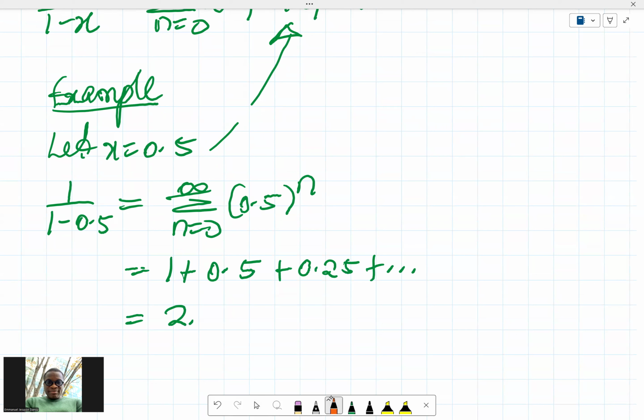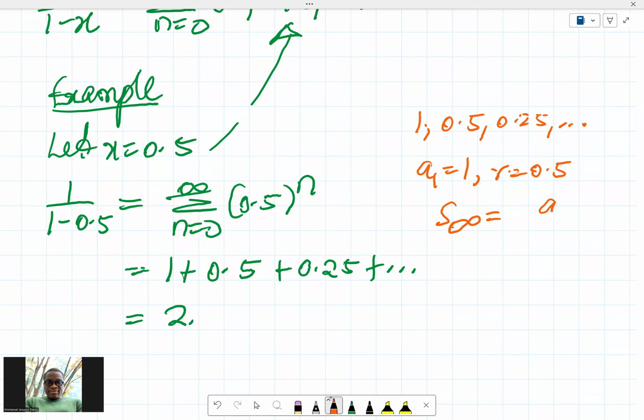Now, instead of just jumping at 2, you can imagine that we already have a pattern. We have 1, 0.5, 0.25. So this is actually a geometric series with the first term, a1, which is 1, and the common ratio is simply 0.5 because 1 times 0.5 is 0.5, 0.5 times 0.5 is 0.25. So if you try the sum to infinity, you get the first term divided by 1 minus r, right?